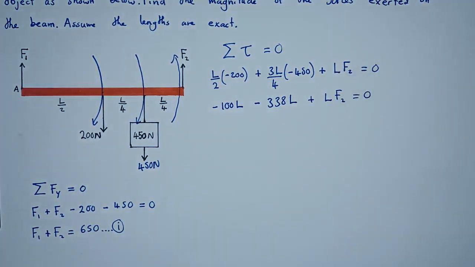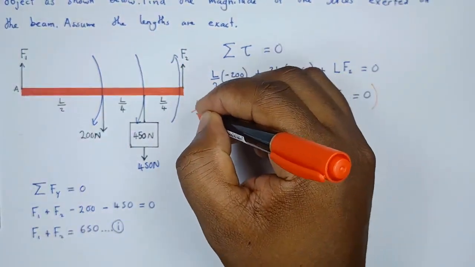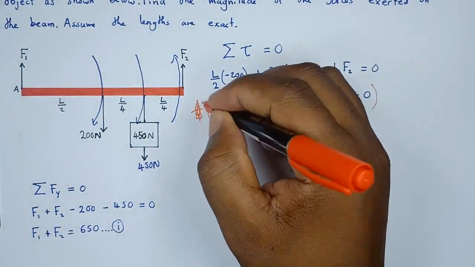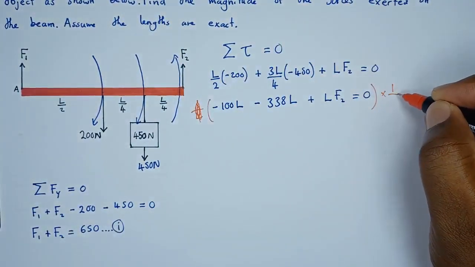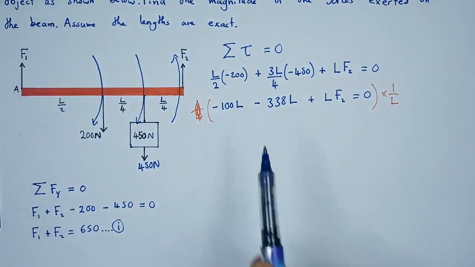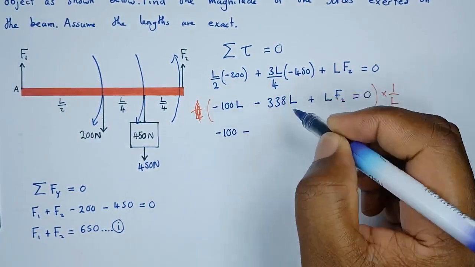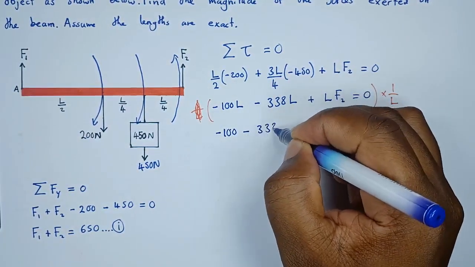We can get rid of L, because we haven't been given the value of L. So we can get rid of L by simply dividing everything by L. If this divides by L, we just remain with negative 100. If this divides by L, we remain with negative 338.